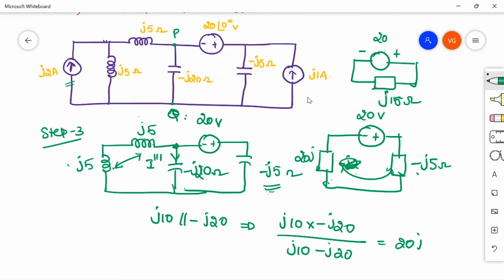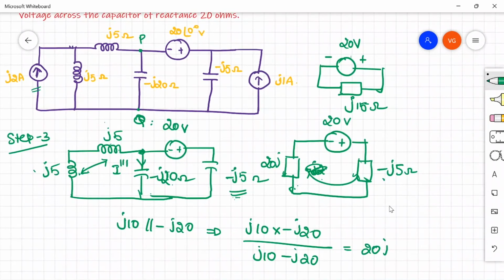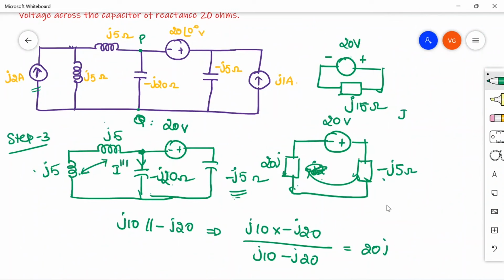This is 20 volts. Now find out the total current that is flowing through. So I is equal to V by R, 20 divided by J15. So you will be getting 1.33 J ampere. Again you have to find out the direction also. Always the current is flowing from plus to minus.